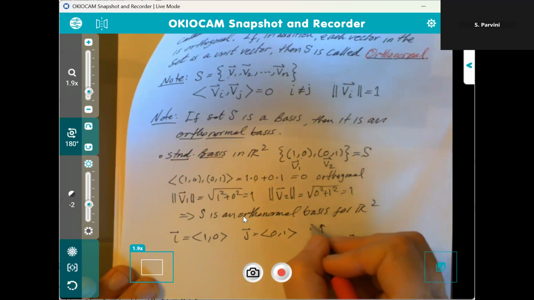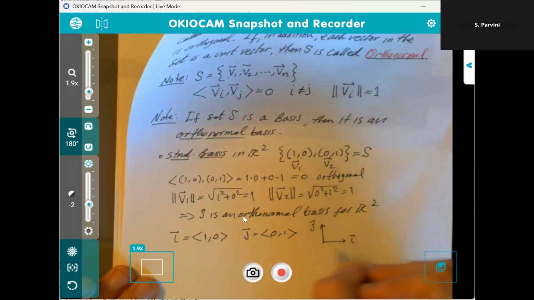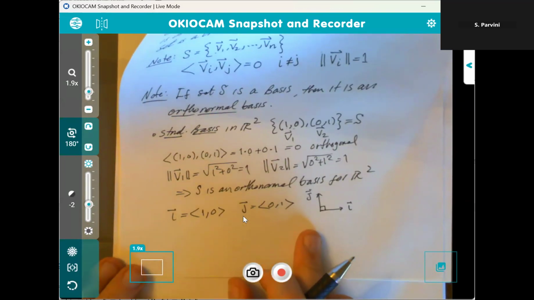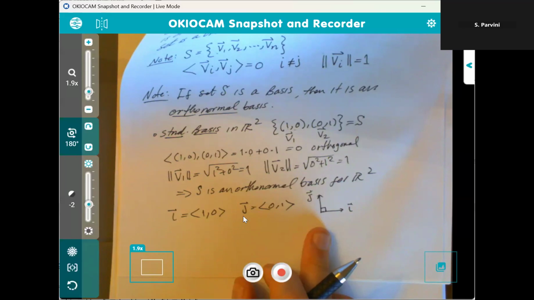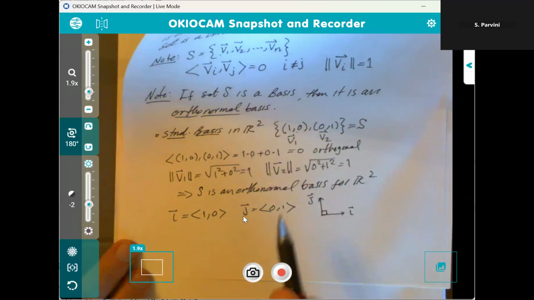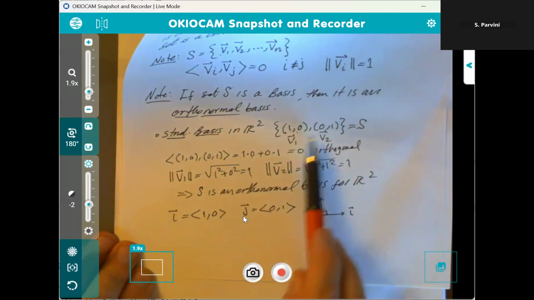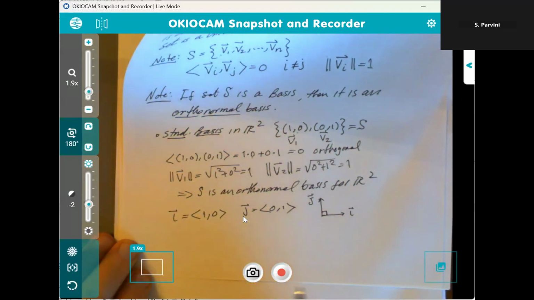There you go, i and j, the two vectors, and the angle between them is 90 degrees. You've probably seen the 3-dimensional version of this with i, j, k. So this is an orthonormal basis. Now, I mentioned there are many non-standard bases other than these in Rn.